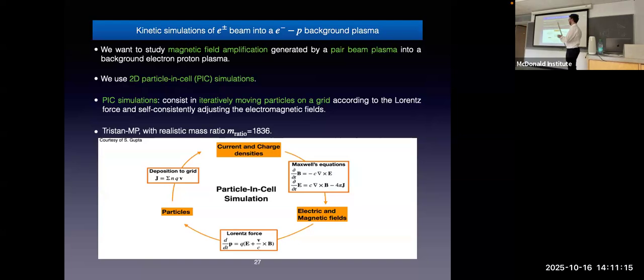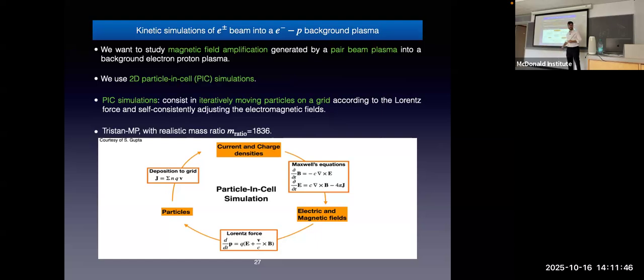You take your space, your simulation, you divide the space into a grid, you put particles on this grid with some initial electric and magnetic field, and you move particles on this grid according to the Lorentz force. Since particles move on this grid, they can trigger themselves some modification in the electromagnetic fields. So you move particles, you gather the current produced by the motion of these particles, you modify the electric field, you move the particles again, and you keep going and going.